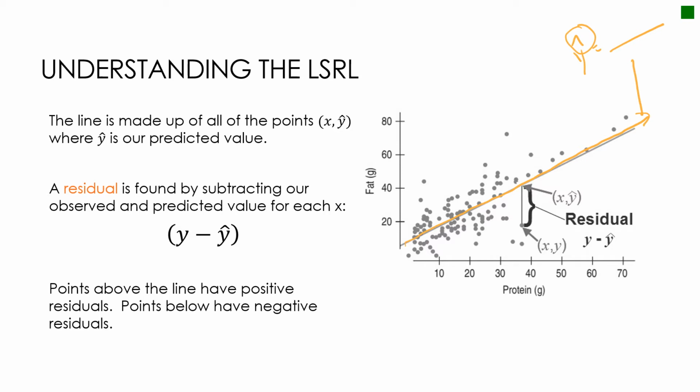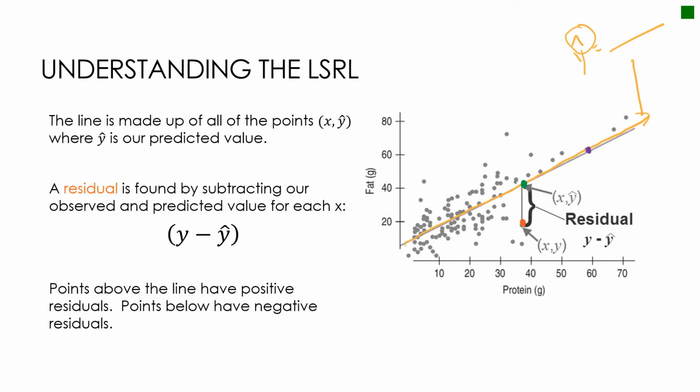This yellow line is talking about my predicted value. So let's say here's a point that's a predicted value for x, but notice here is the actual value for x. There are a few points, like this one right here, where my predicted value and my actual value are pretty much the same, and that's great.